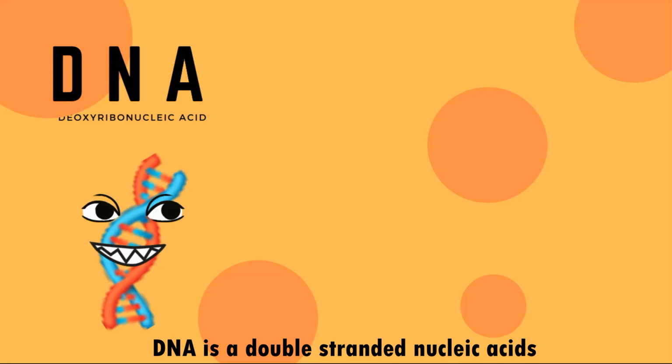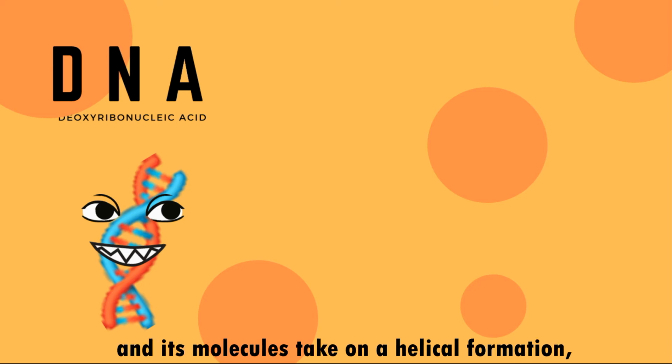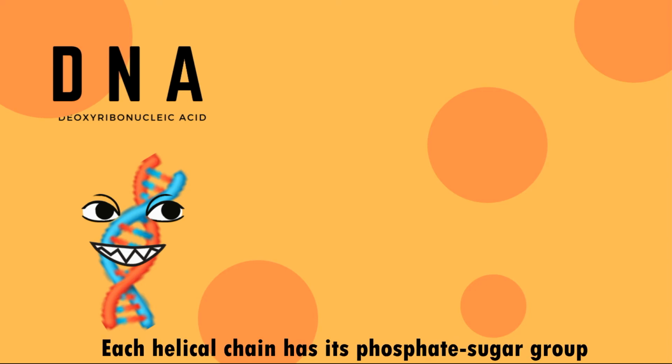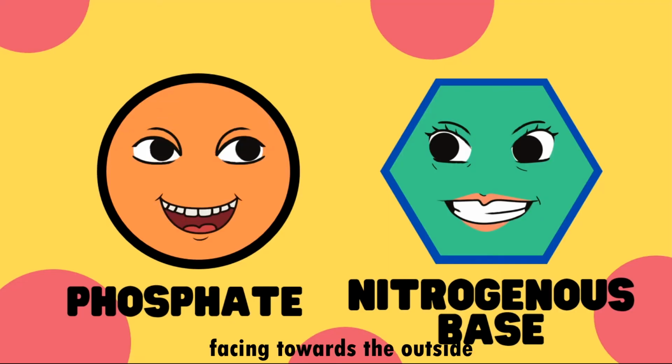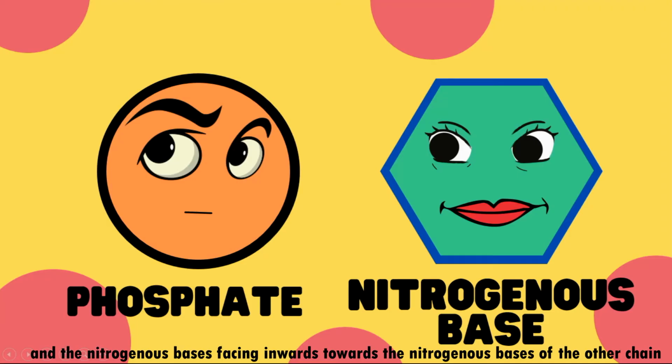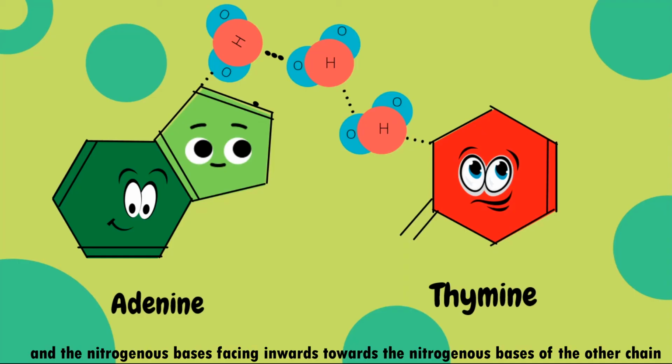DNA is a double-stranded nucleic acid, and its molecules take on a helical formation. Each helical chain has its phosphate sugar group facing towards the outside, and the nitrogenous bases facing inwards towards the nitrogenous bases of the other chain.